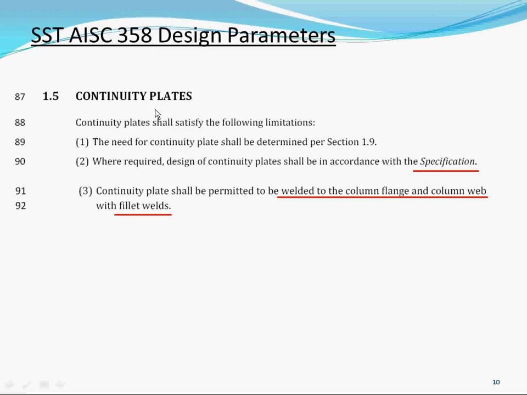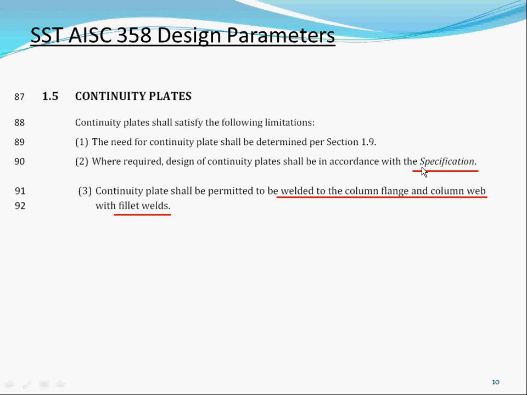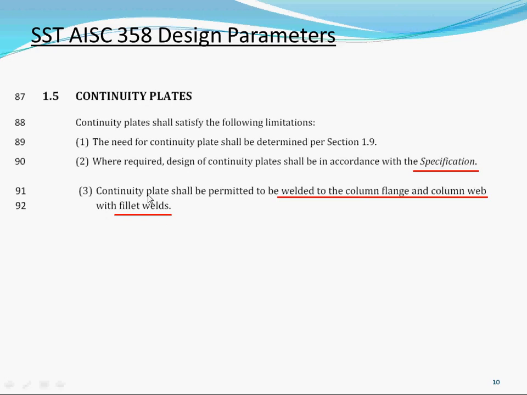1.5, continuity plates or stiffener plates. Essentially they are required where indicated in accordance with the specification. One thing about it is the continuity plates shall be permitted to be welded to the column flange and column web with fillet welds. Okay, that's a critical one.